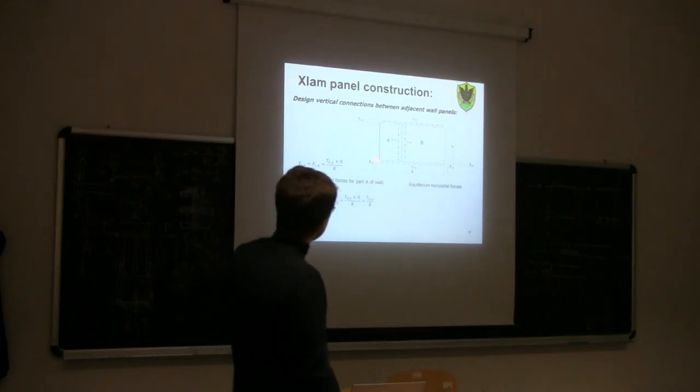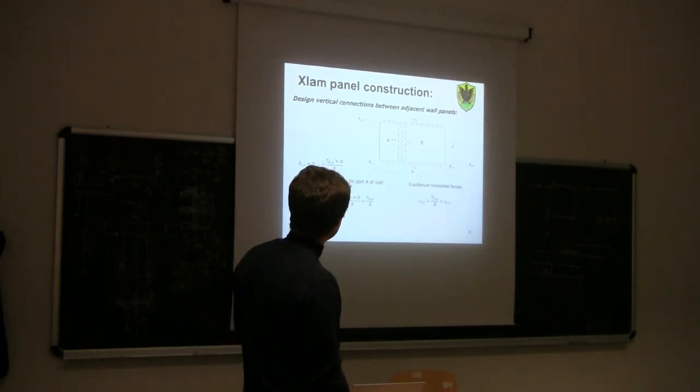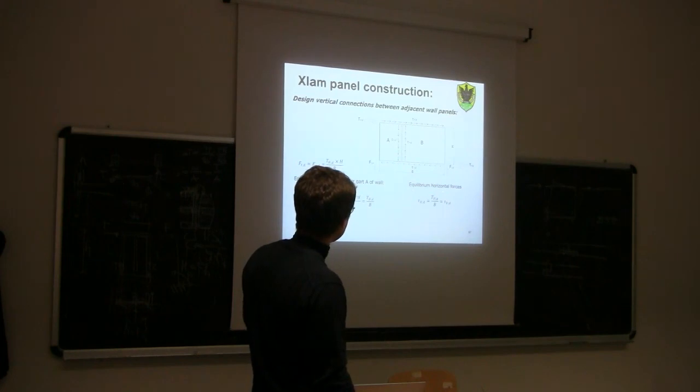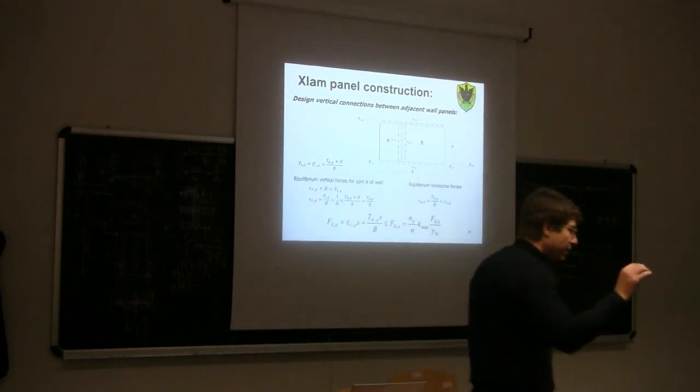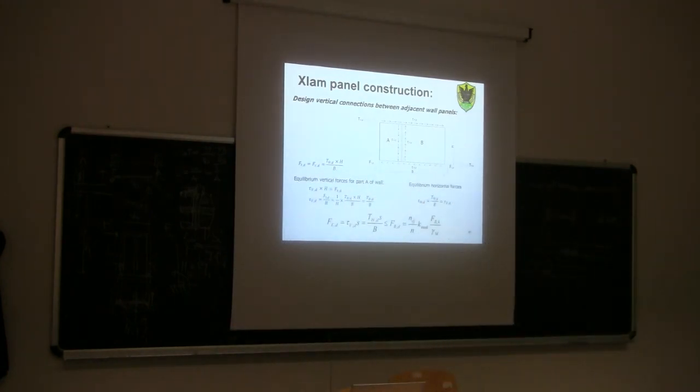Now we do the equilibrium of the horizontal forces. So tau HD is THD divided by B, and this is equal also to TVD, because of the same formula as before. So in the end, one single screw in this vertical joint will be subjected to a shear force, FED, which will be TVD, the shear force, times the spacing of the screw.